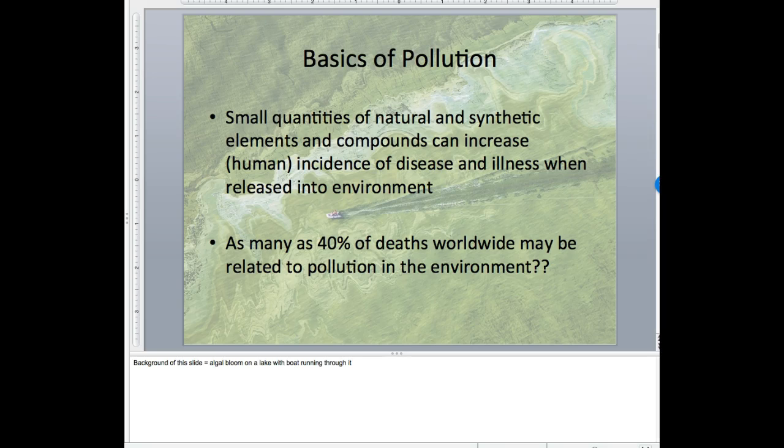It could be ingesting a cleaning product, it could be taking too many Advil, or it could be something as insidious as being exposed to an industrial pollutant in your water supply.